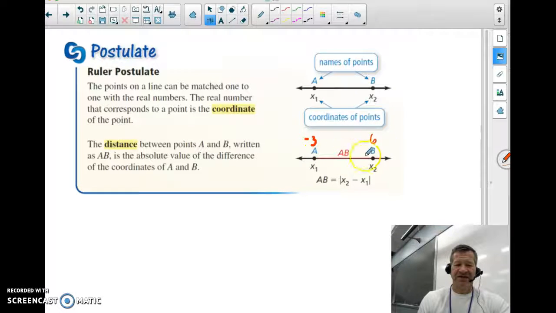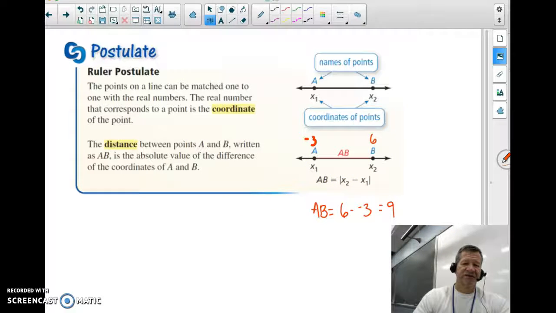If we wanted to find the distance between A and B, we could say simply that AB is the difference between those real number coordinates. So 6 minus -3 would be 9, and those values would be 9 apart.